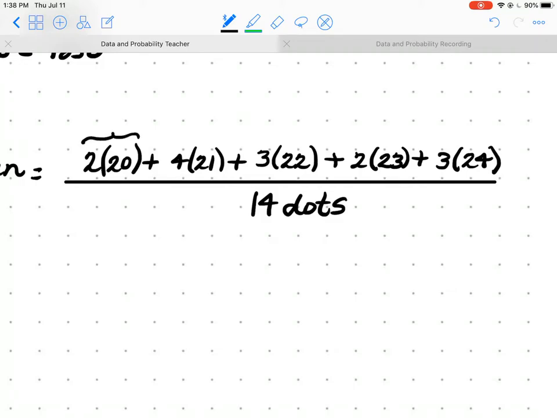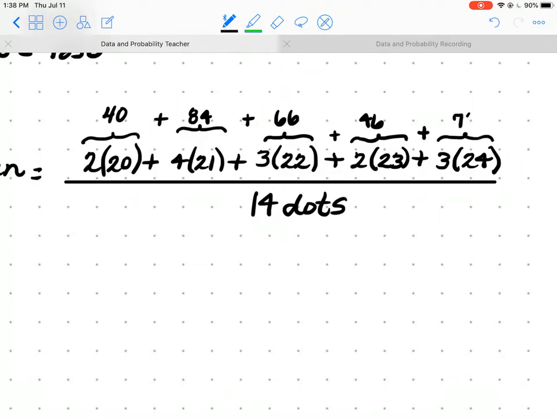Okay, to get the actual mean, I need to do some math. So I'm going to say this is 2 times 20, or 40, plus 2 times 21 is 84, plus 3 times 22 is 66, plus 2 times 23 is 46, plus 3 times 24 is 72.